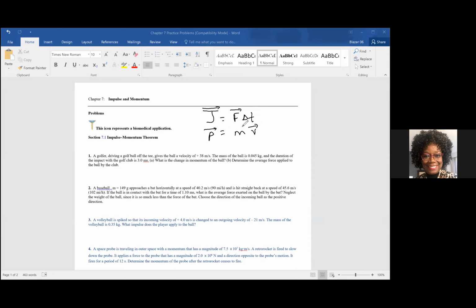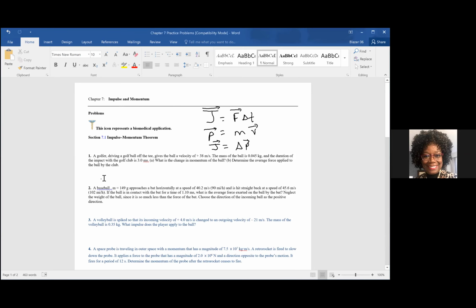Then we had the impulse momentum theorem, which said that the impulse is equal to change in momentum. So those are 3 basic equations for chapter 7. So let's look at some problems.